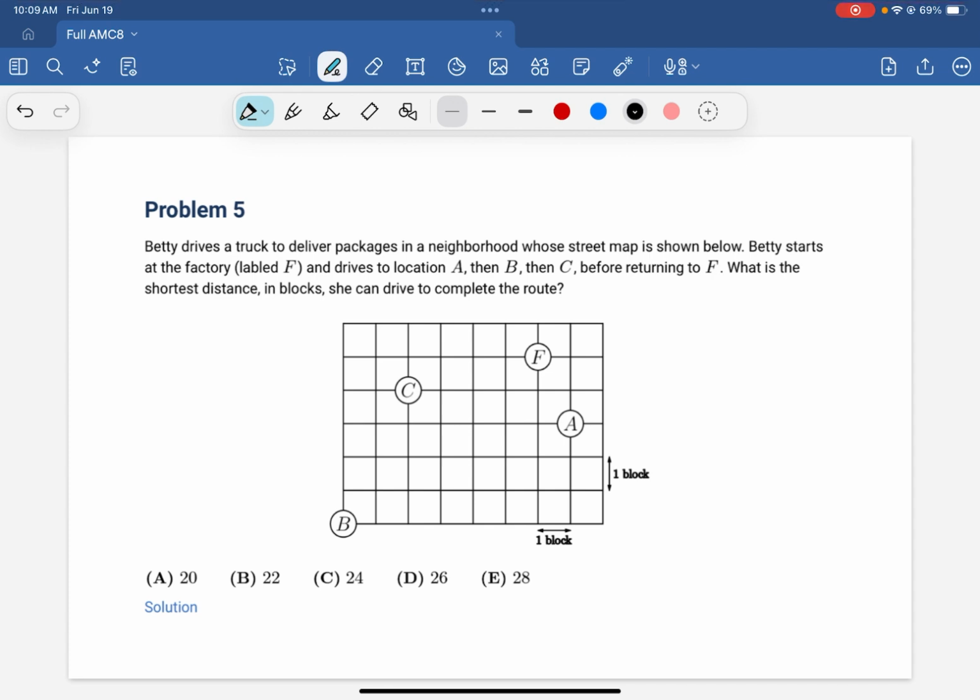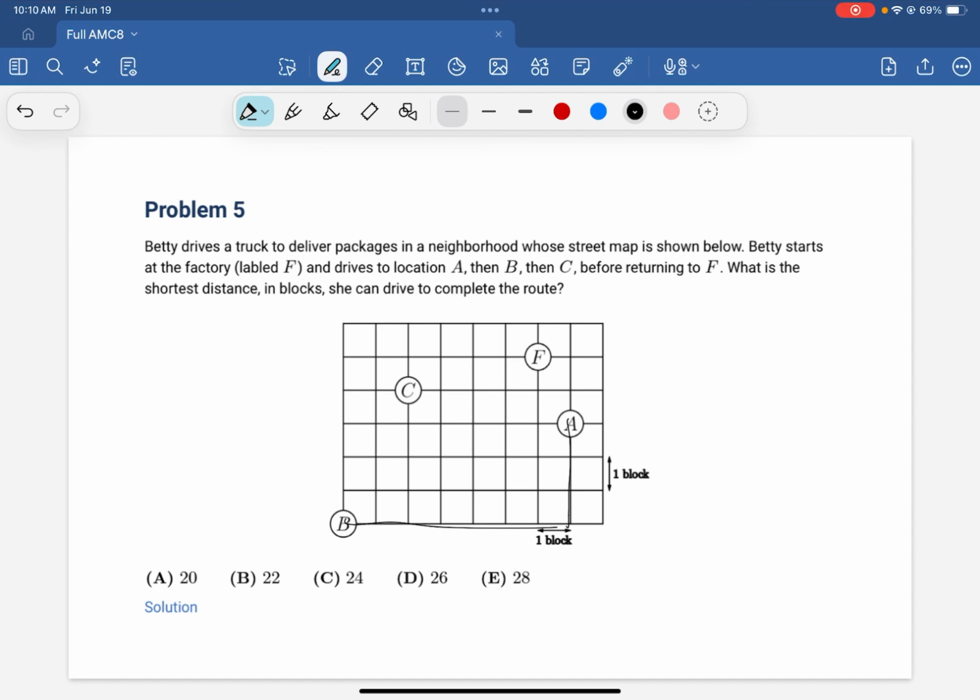So this looks like instead of going the shortest straight line path, we have to follow these lines. So for this, we can consider each destination separately, because you have to go from F to A to B to C back to F.